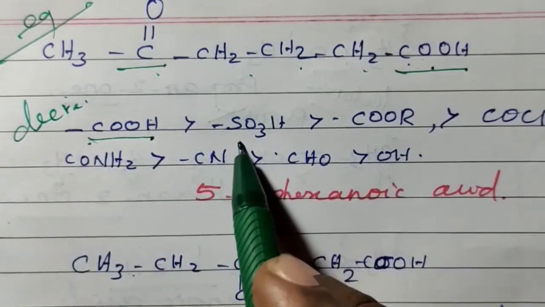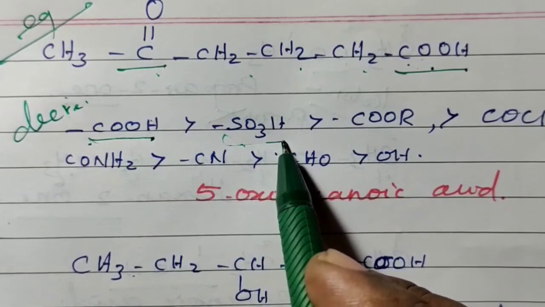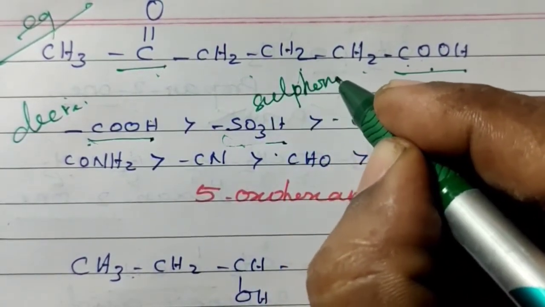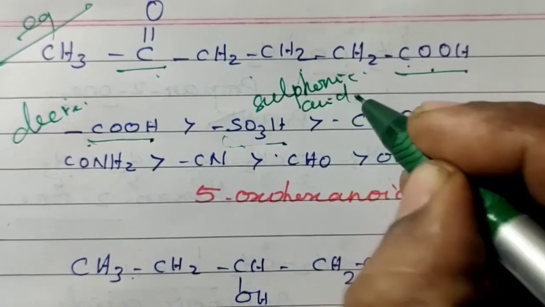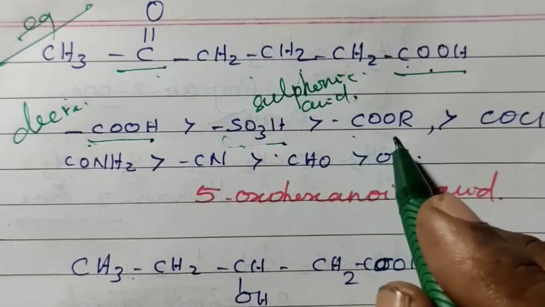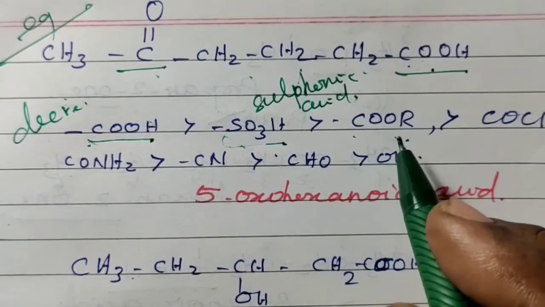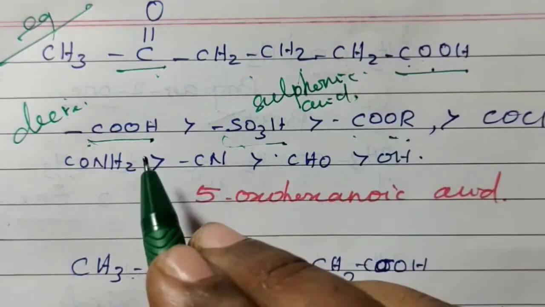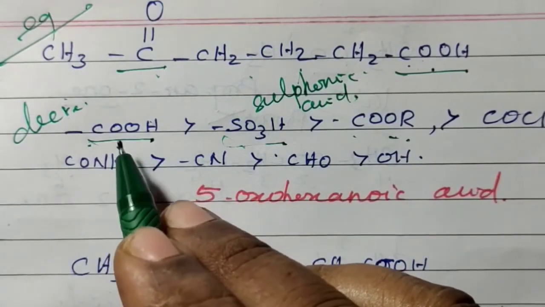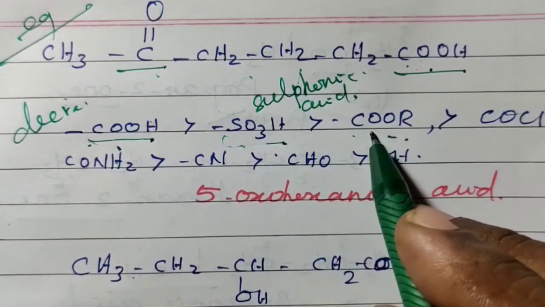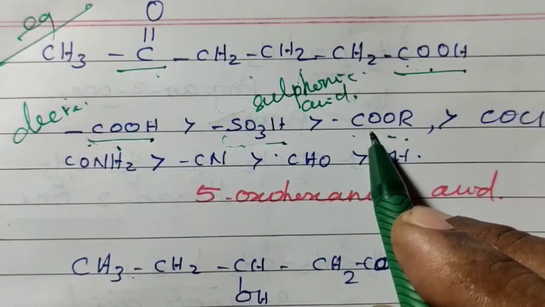Next priority is given to the SO3H group. SO3H group is called the sulfonic acid group. Next to sulfonic acid, COOR. That means if in a compound COOR and COOH are present, COOH acts as the functional group. This COOR acts as a substituent.